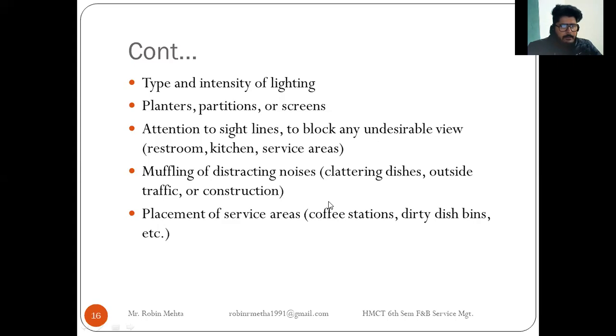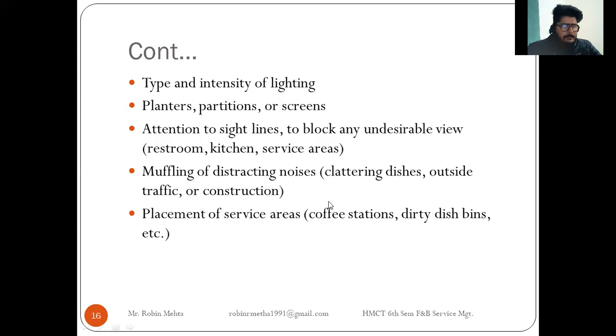Placement of service areas, coffee station, dirty dish bins, etc. Placement of service areas, like your sideboards, your coffee machines, your bar, your bins where you are putting your soiled linen and soiled dishes, should be at an accurate place. They should not come into the eye of your guest.